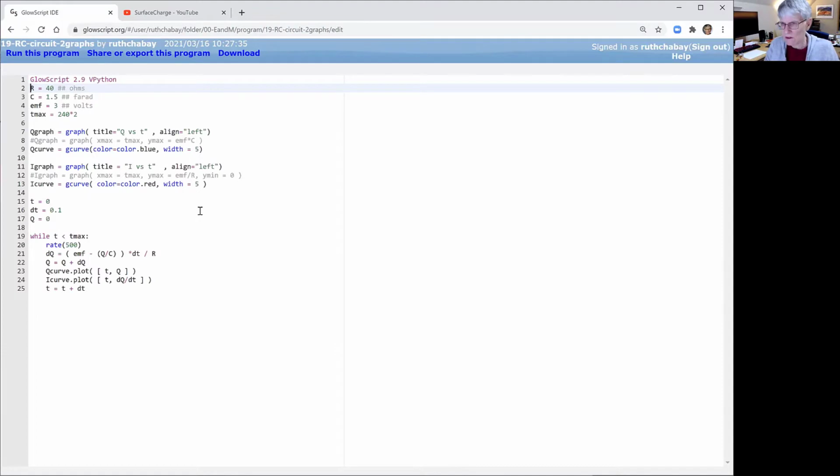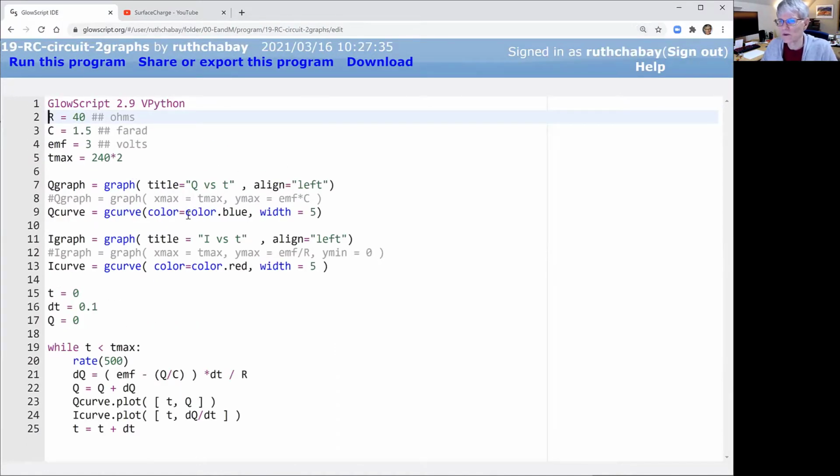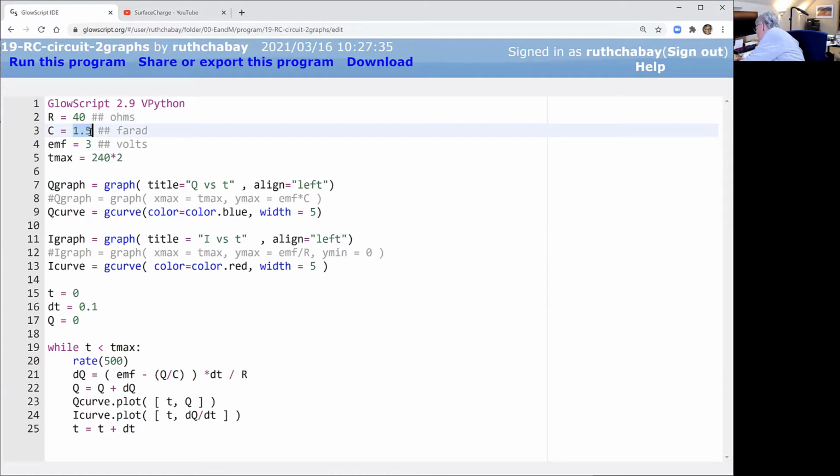Okay, so here is a GlowScript program for a circuit like the one we used. In fact, 40 ohms is about the resistance of that particular light bulb that I was using when it's hot. Here I'm using a 1.5 farad capacitor.